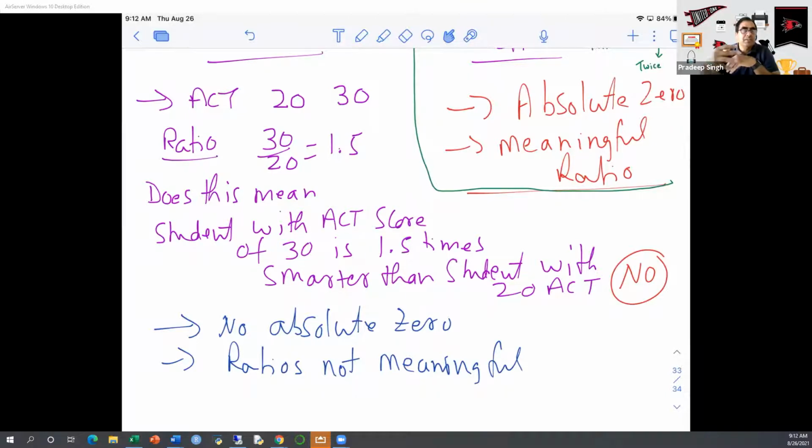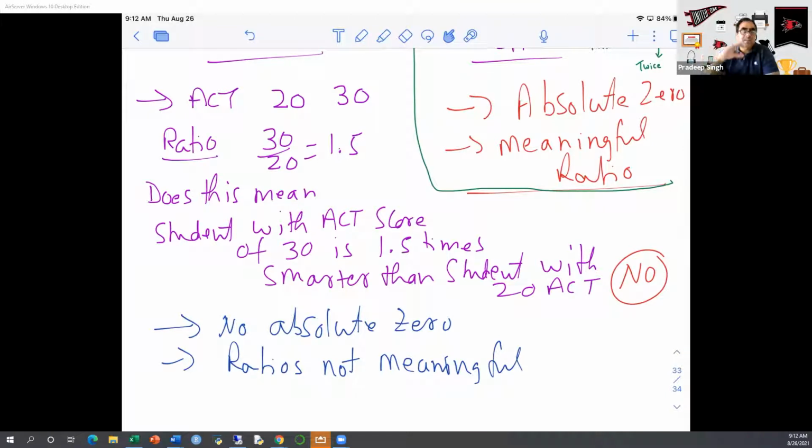So there is no absolute zero, right? Whether you get a score of 10 or 12 or 14, it's not that getting a score of 10 means you are zero smart. So there is nothing like that. And that is what is meant by no absolute zero. And because there is no absolute zero, the ratio is not going to be meaningful.